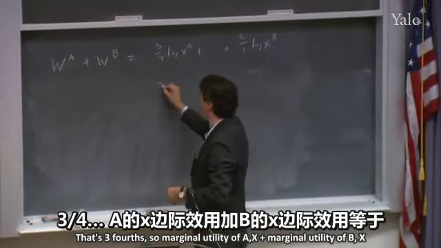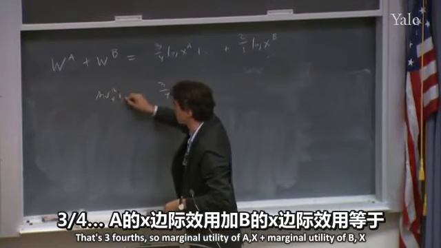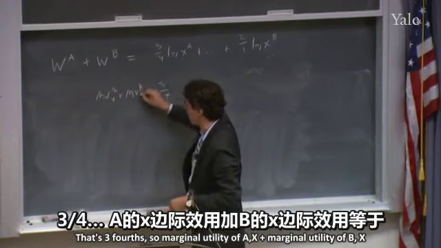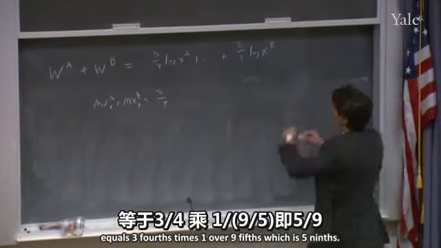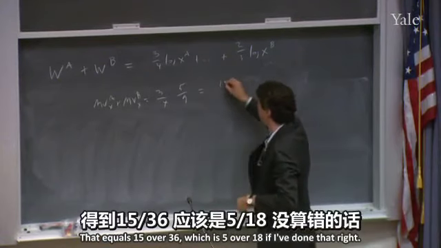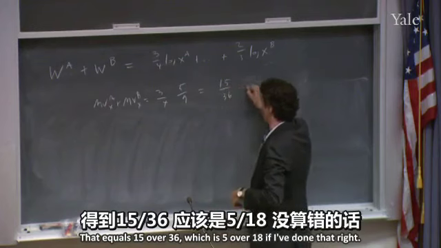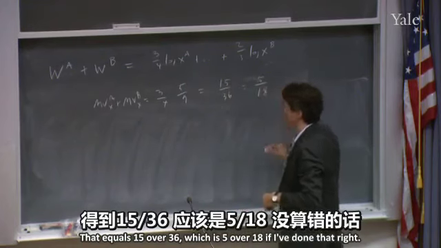That's 3/4 times 1/(9/5), which is 5/9... okay, that equals 15/36, which is 5/18, if I've done that right.